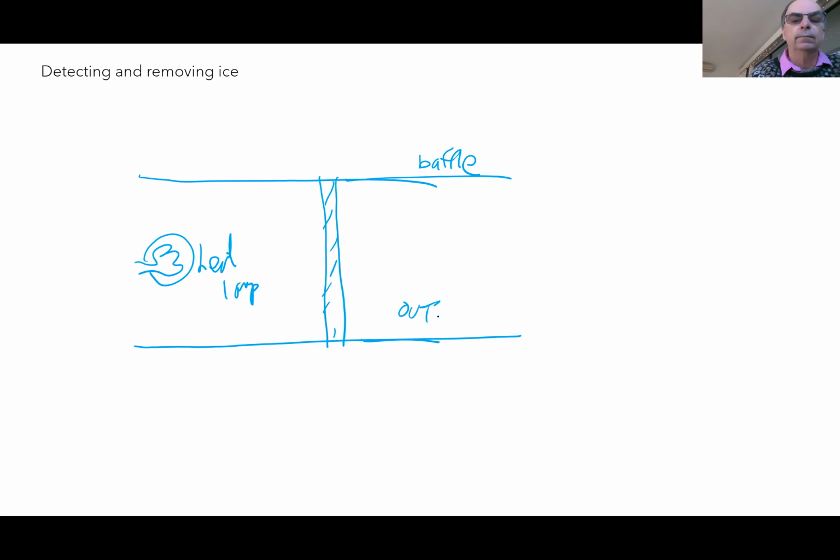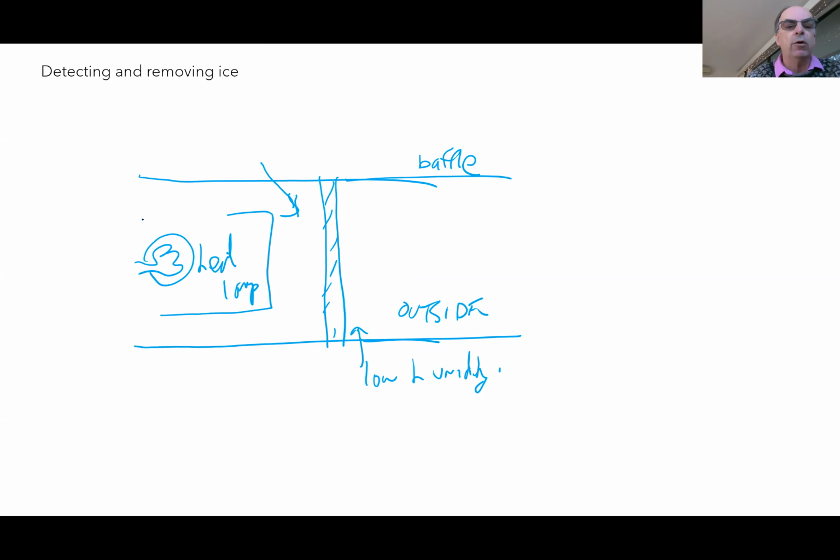This is outside. You need some sort of a detector emitter system. You can use an LED and a receiver with a synchronous detector system so it's immune from DC offsets. And then we need to blow low humidity air over the outside of that window. And I think if we do all of those things, we will succeed.